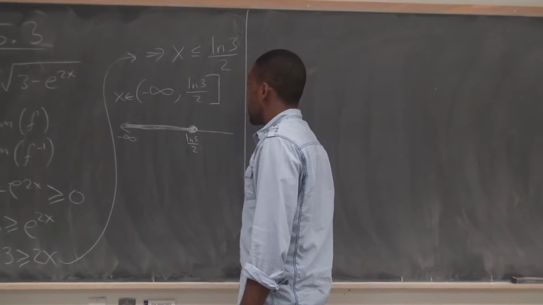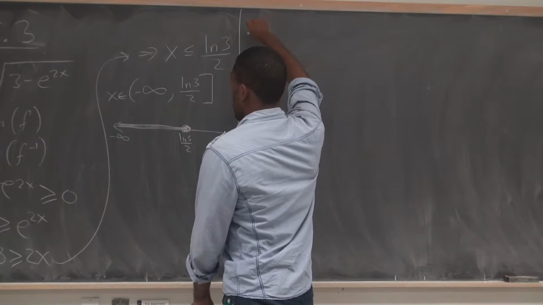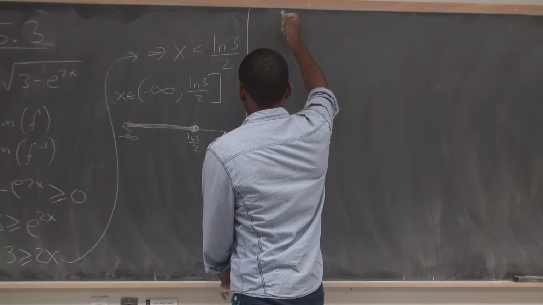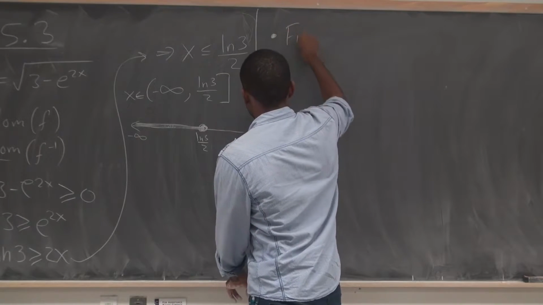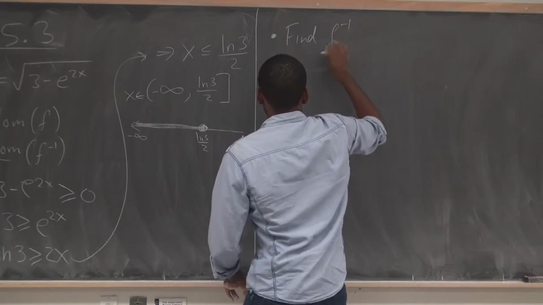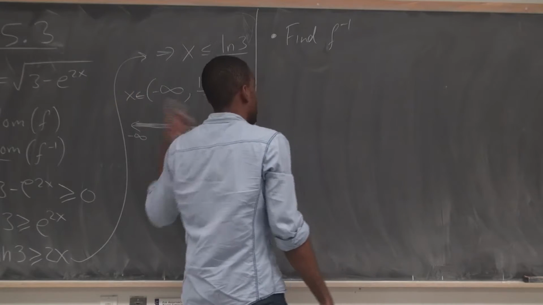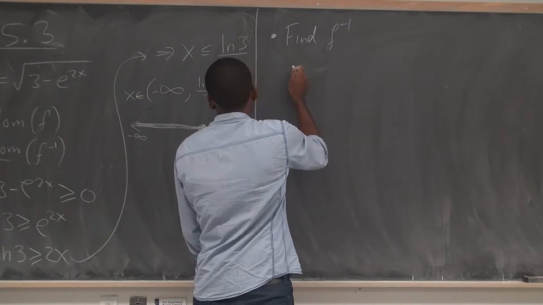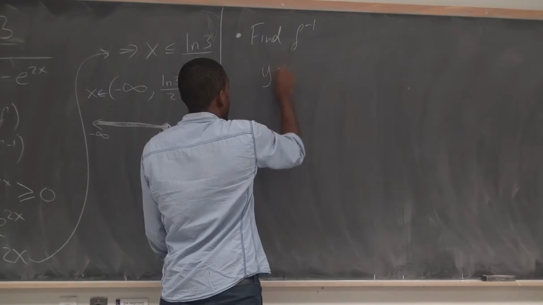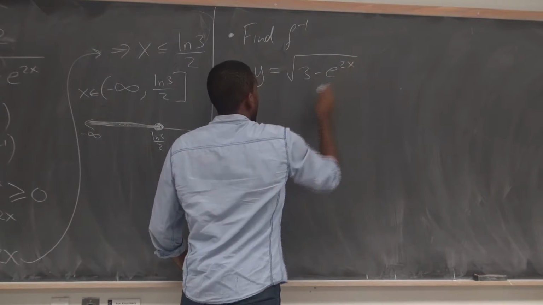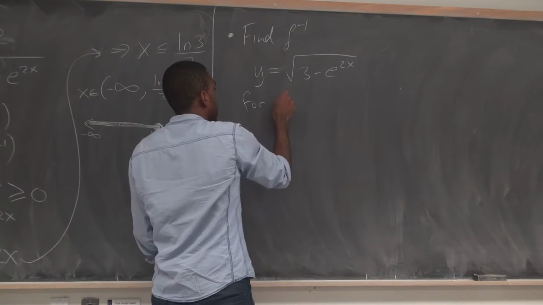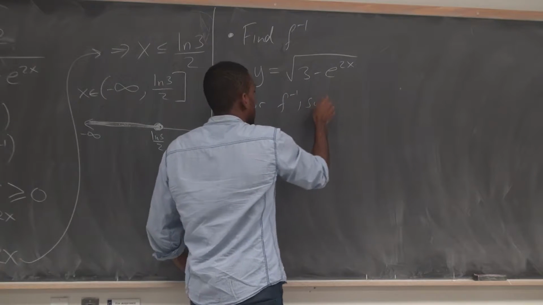Which way do you guys want to do it? Do you want to find the inverse function? I'd probably look at the range if it were myself, but okay, so here we have y equal to the radical 3 minus e to the 2x. For f inverse, you switch x and y.